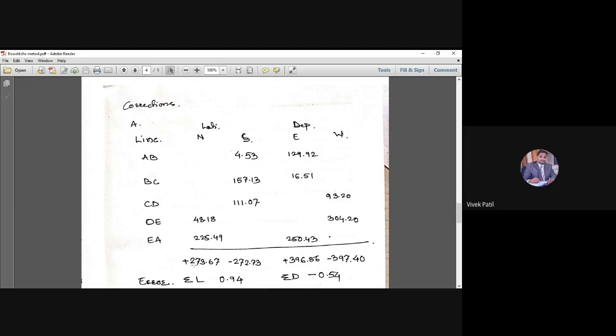Now, northing and southing, add these with sign convention.